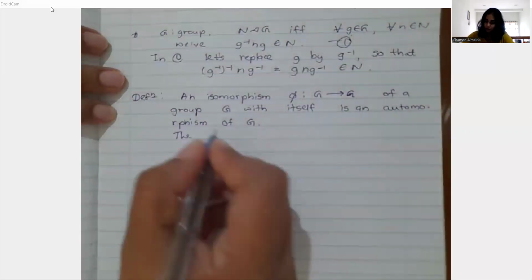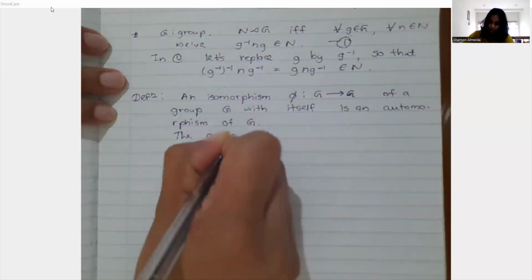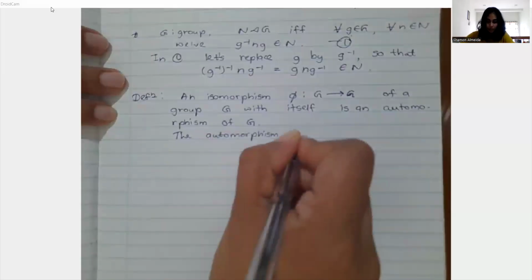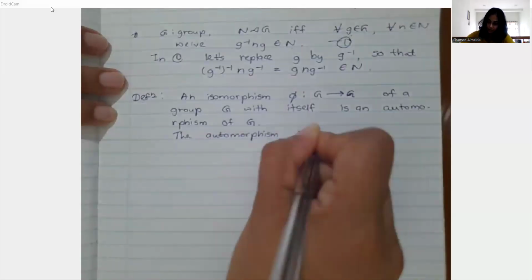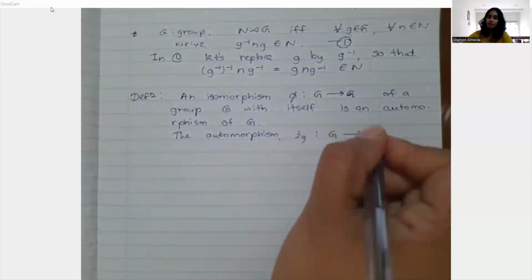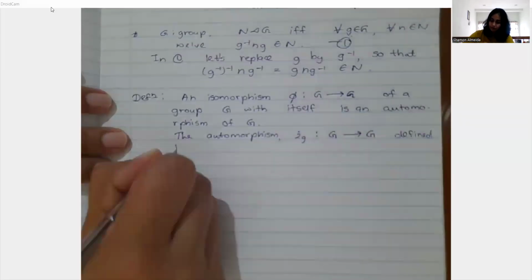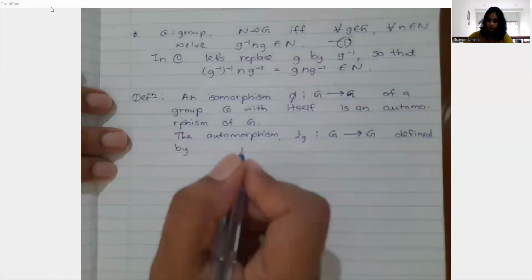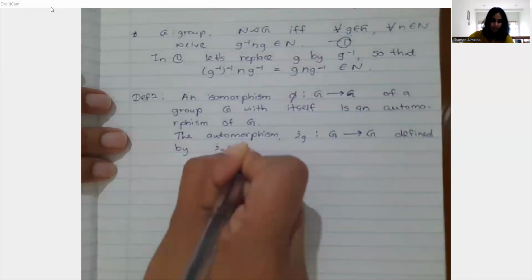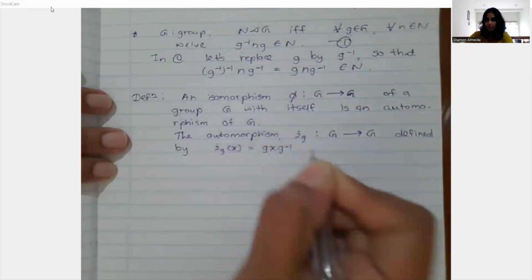The specific automorphism we are about to define will be denoted by I sub g, from the group G to itself, defined by I sub g of x is equal to g x g inverse, right?